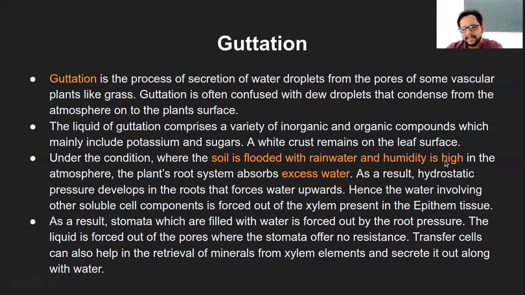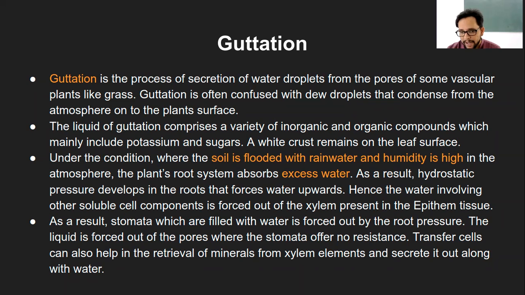In either of these cases, whether there is higher water content in the soil or higher humidity in the atmosphere, the plant root system will absorb excess water. Roots keep on absorbing; they don't stop. Like I said earlier, it doesn't come in chunks of water, like absorbing 1 liter and then waiting for 1 hour or 1 day. That doesn't happen. It keeps on absorbing continuously. So there will be an excess of water.